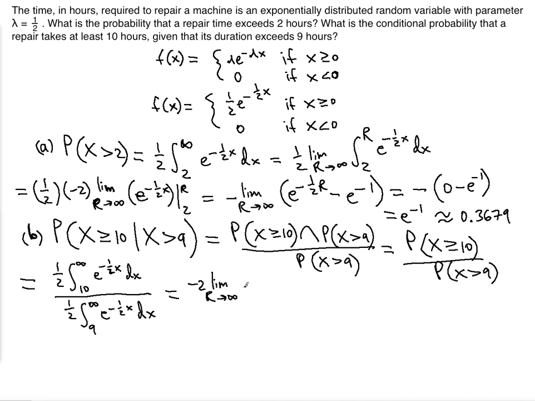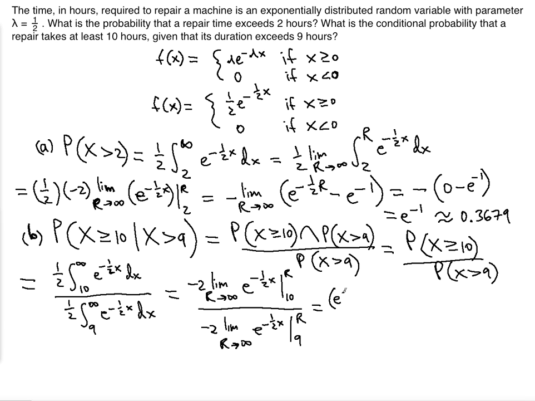I will have e to the negative 1/2 x from 10 to r. That's for the numerator. Denominator: -2, limit as r approaches infinity, e to the negative 1/2 x evaluated from 9 to r. So the -2's cancel out, that's great.